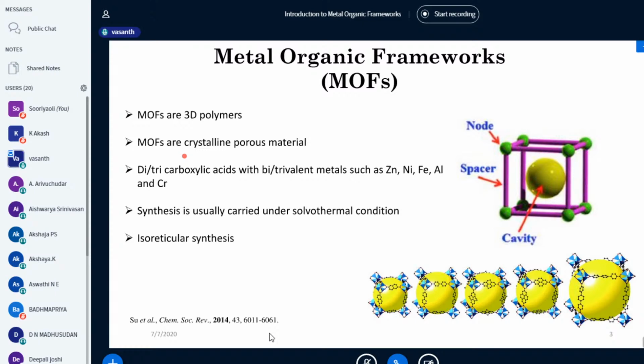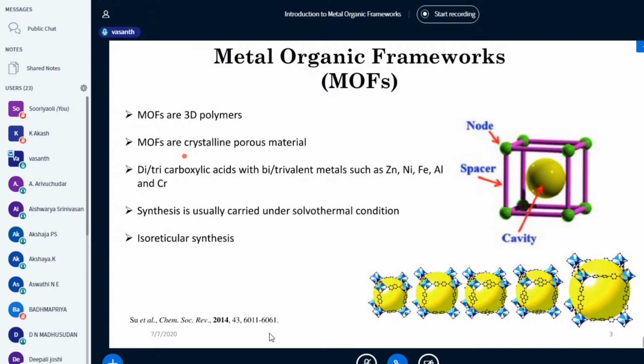It is very difficult to see a material which has both crystalline and porous properties. These metal organic frameworks are basically synthesized from di and tricarboxylic acids with bi and trivalent metal sources. I know it is a little difficult to understand all these terms, and in the coming slides, I will explain them one by one.